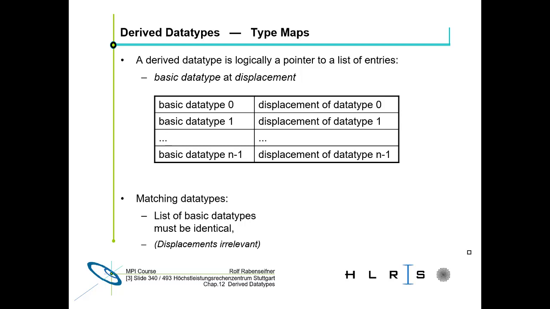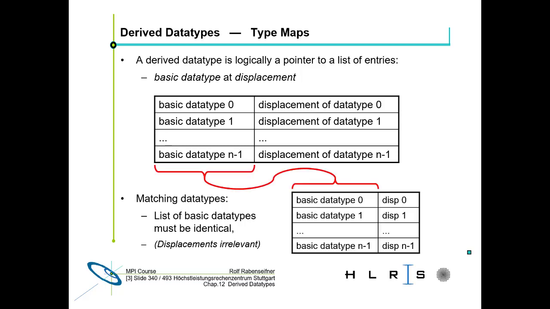And of course, the matching data types: the lists of basic data types must be identical, and the displacements are irrelevant in the programming language because that's the compiler's job.